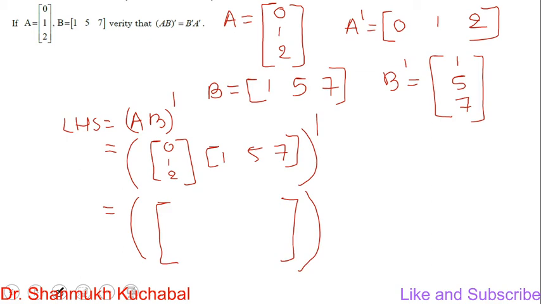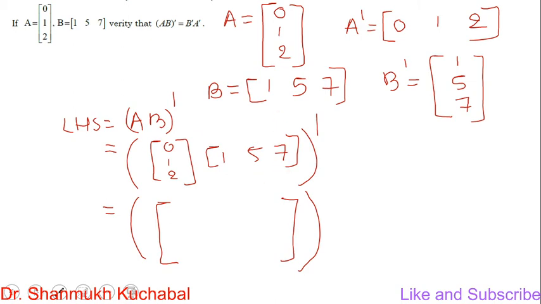So first row 0 is there. We will observe that in matrix multiplication the first row is multiplied by the first column, and we write the answer here. The second row is multiplied by the first column. So like this: first row first column, first row second column, first row third column.